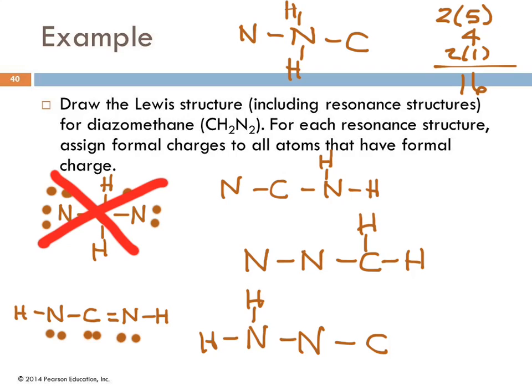So this nitrogen's happy, that carbon's happy, this nitrogen's not happy. Hydrogen is happy just to be included in the structure. It's got a single bond, he's holding on, and that's all, and so we never have to worry about hydrogen. So we could take this one and share it over here. Everybody happy there? Okay.